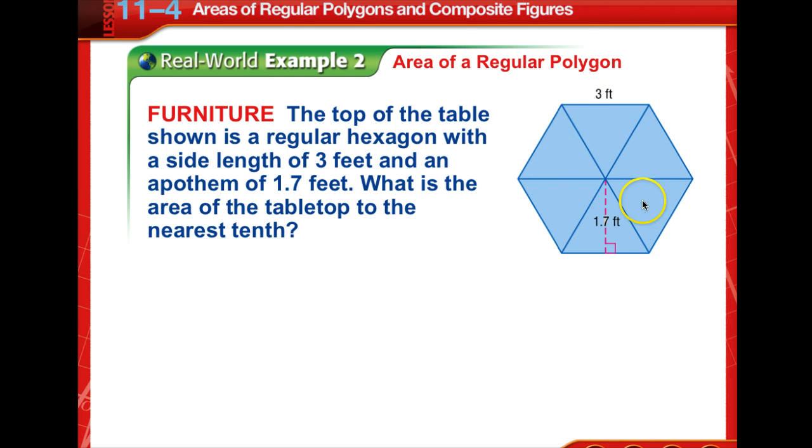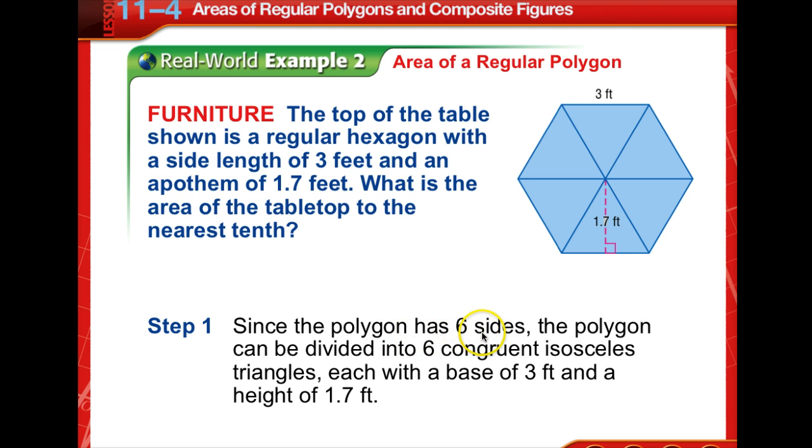The top of the table shown is a regular hexagon with a side length of 3 feet and an apothem of 1 7/10 feet. What is the area of the tabletop to the nearest tenth? Since the polygon has 6 sides, the polygon can be divided into 6 congruent isosceles triangles, each with a base of 3 feet and a height of 1 7/10.